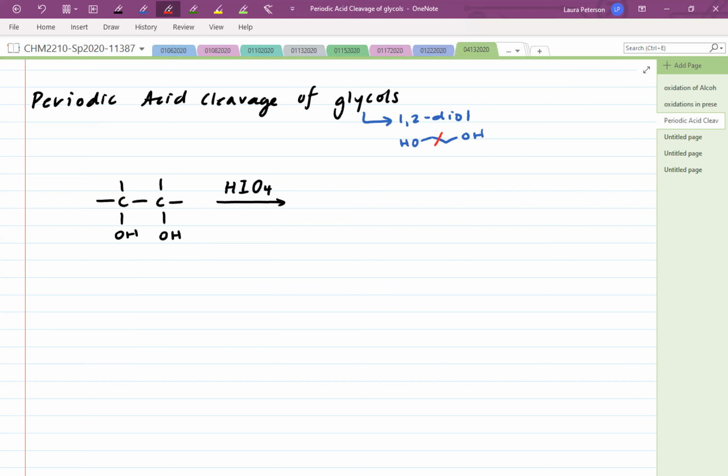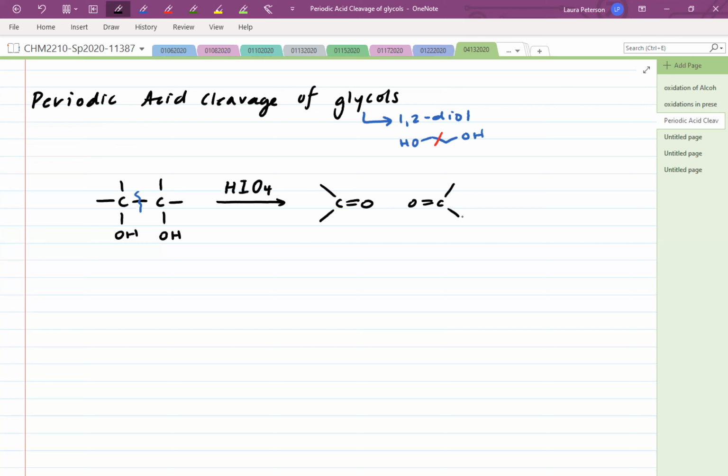And it turns out this is a similar reaction to what we got for ozonolysis, in that we're going to cleave the carbon-carbon bond, and we're going to at the same time oxidize both carbons up to the corresponding carbonyls. So in this way, we will end up with a carbonyl at both carbons that bore the alcohols in the starting material.